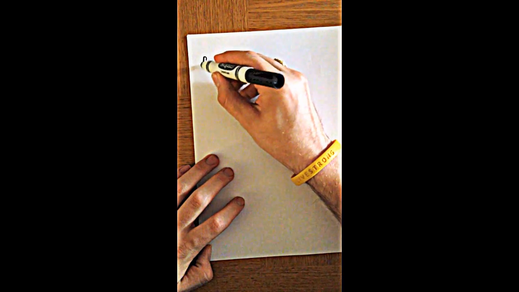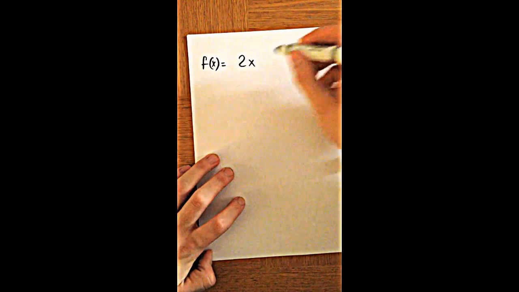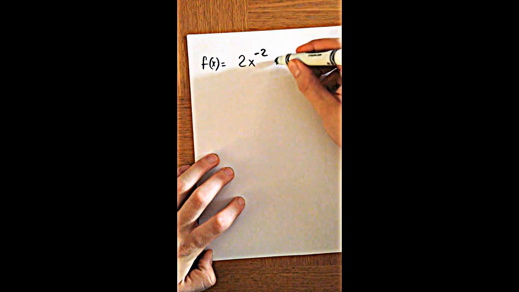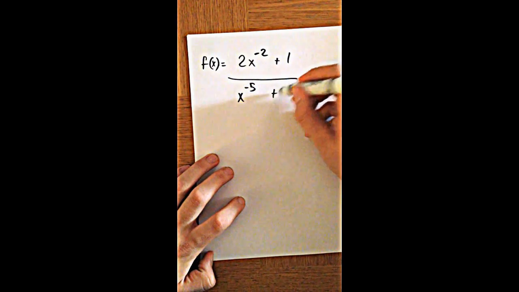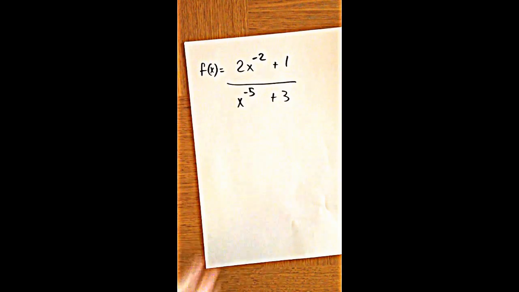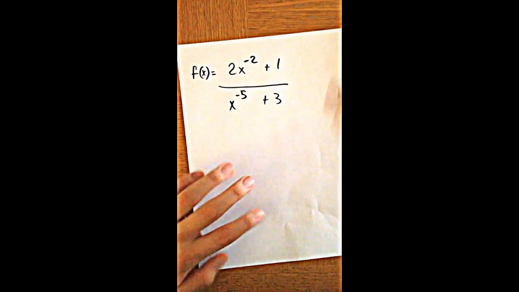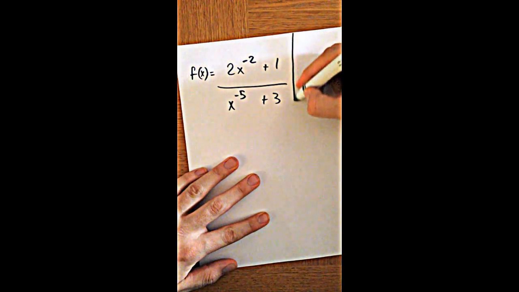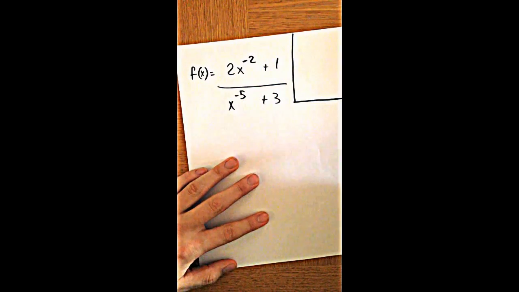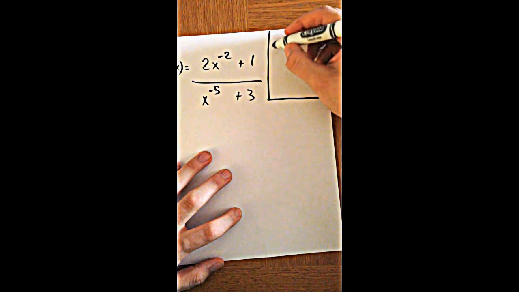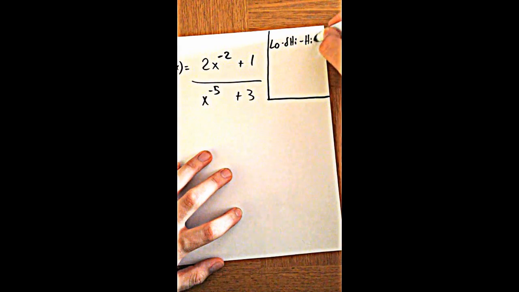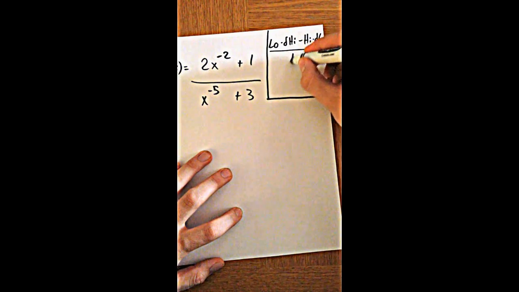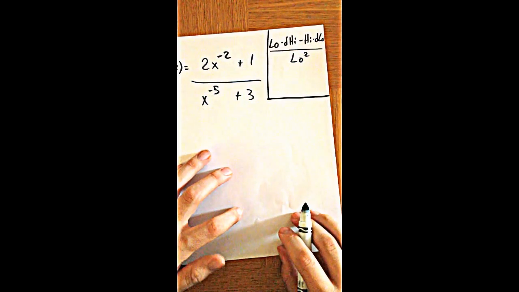So let's have a look at one more example. Let's say that f of x is equal to 2x to the negative 2 plus 1 all over x to the negative 5th plus 3. Okay, so the formula we're going to follow for this type of problem is low d high minus high d low all over square of what's below.